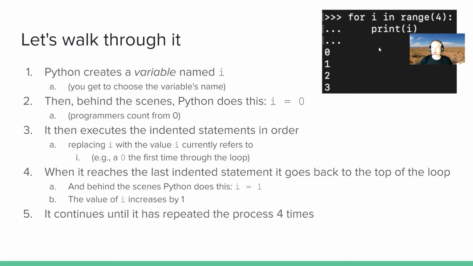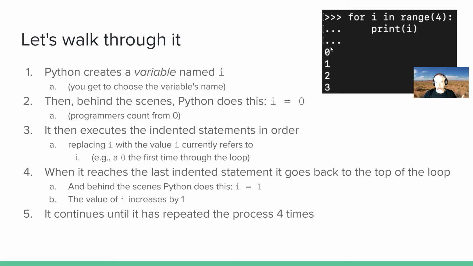right? And so print I now refers to 0, so it's going to print out 0, which is what it does. And then it's going to go back to the top of the loop, and reassign the value of I to the next value, which is going to be 1. So range 4, if we remember, produces a series of numbers going from 0 to the parameter here minus 1.